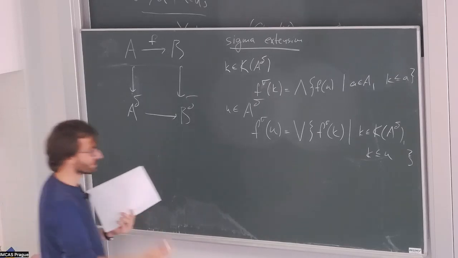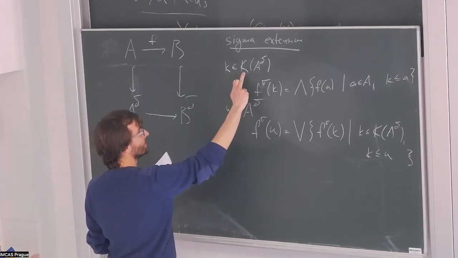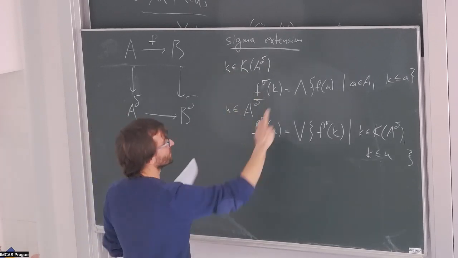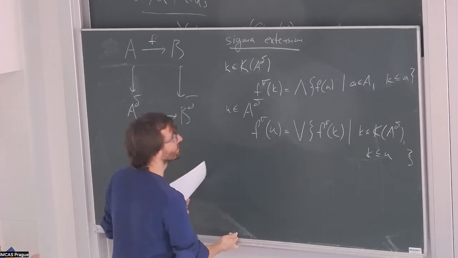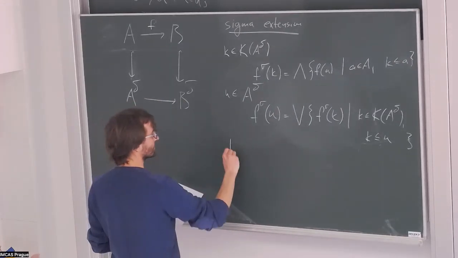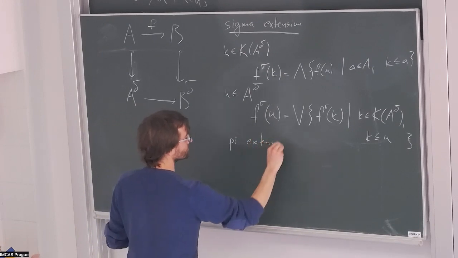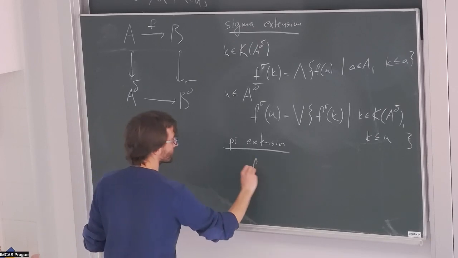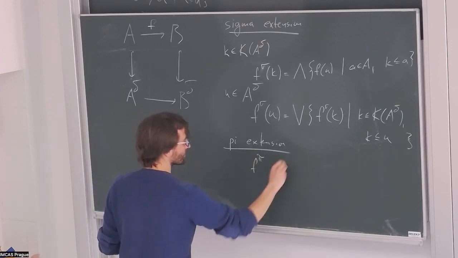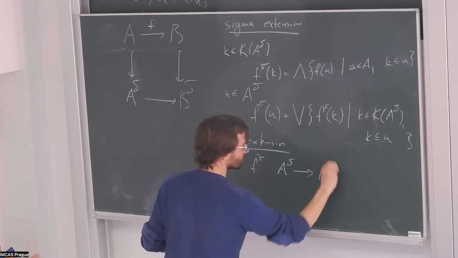So that's the obvious thing. And there is a pi extension, and that's exactly dual. Here you would put the ideal element. You would start with joins, and then you would end with meets. So the pi extension also has this type.